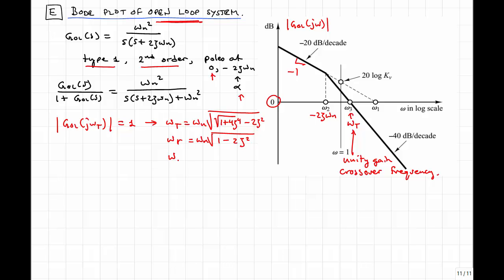which is similar to omega d, the damped natural frequency, which is omega n times the square root of 1 minus zeta squared.